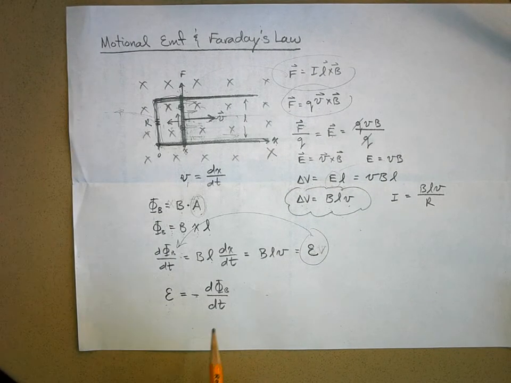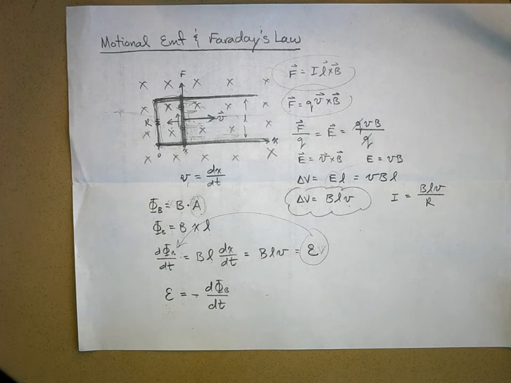And this is how electric generators work. If you have an electric generator, they have multiple loops, loops and loops and loops of wire, and they spin it in a magnetic field. And when they spin it in a magnetic field, they're constantly changing the amount of magnetic flux through that loop, and that creates a voltage in that loop, which creates a current, and we're generating electricity.